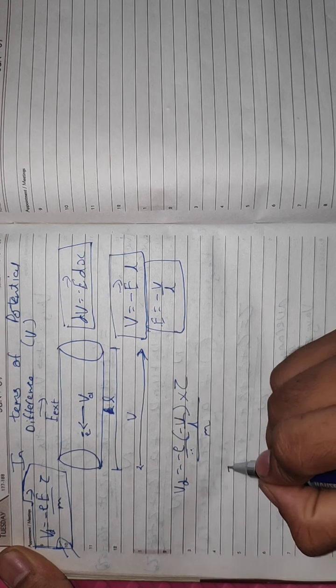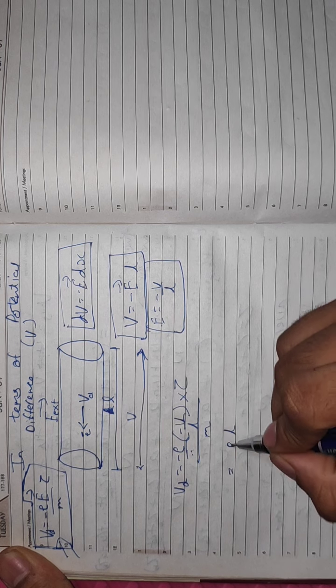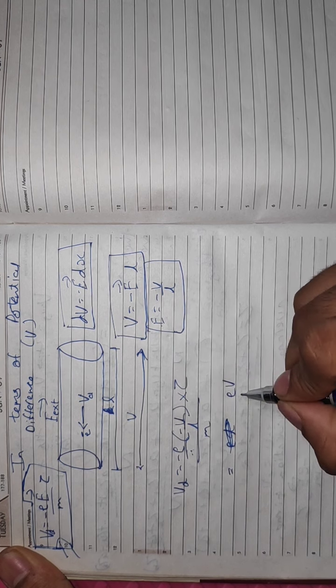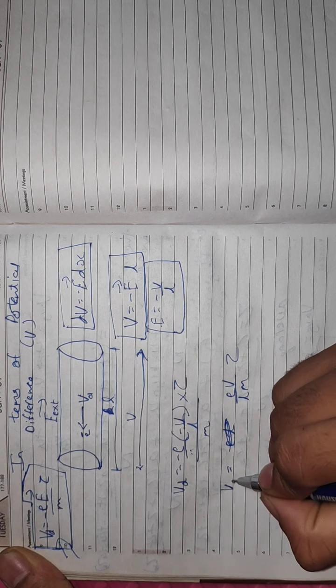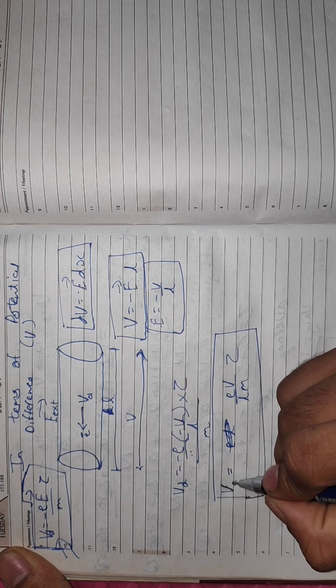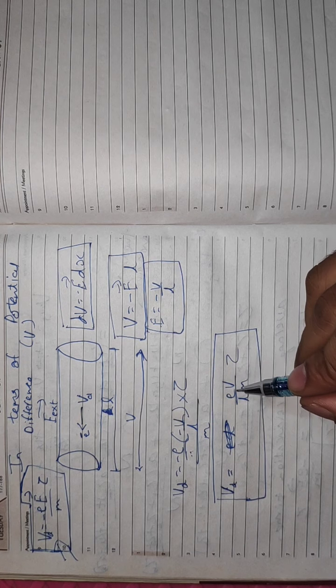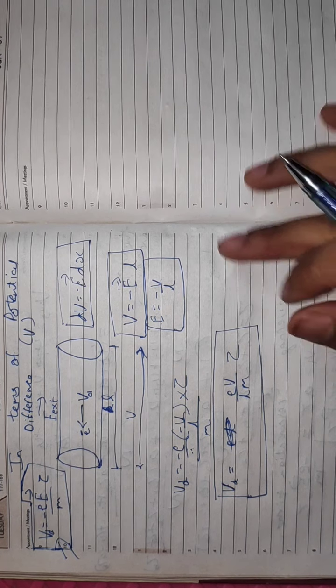Minus minus will become plus, so Vd equals eV tau upon L m. This is the drift velocity in terms of potential difference, or in terms of V. We will be using this in future derivations.